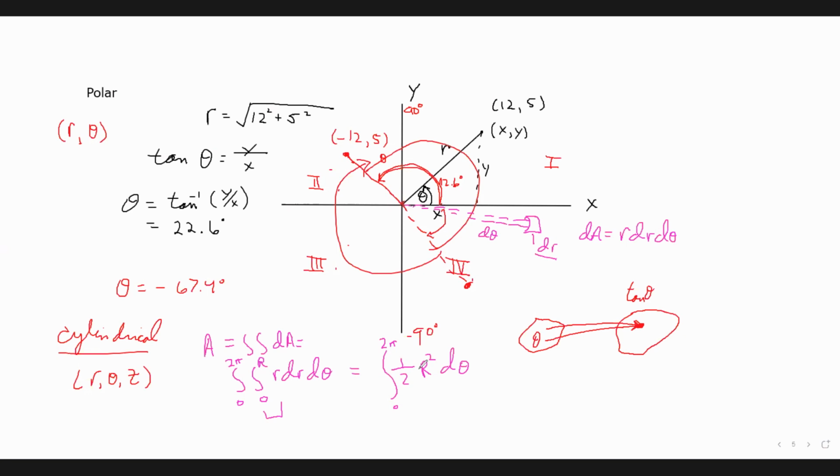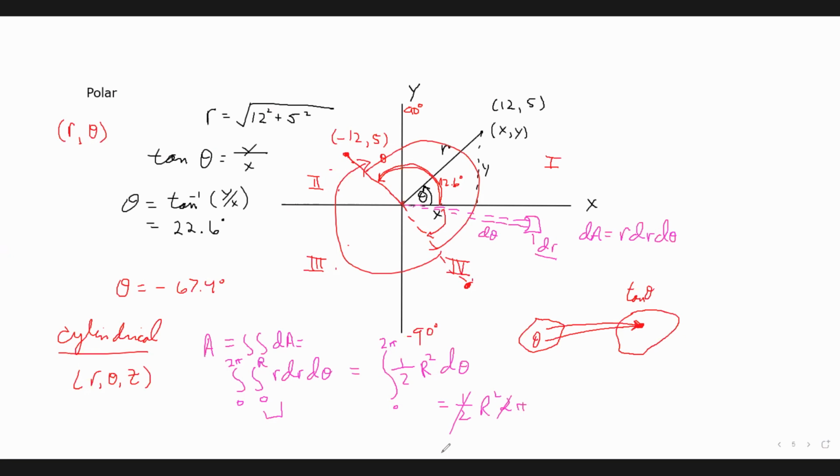So what is the antiderivative of d theta? It's just theta. Theta evaluated between 0 and 2 pi is just 2 pi. So my answer for the area is 1/2 big R squared times 2 pi, which gives me pi r squared, which you already know is the area of a circle. So that was a really simple example of how this works.